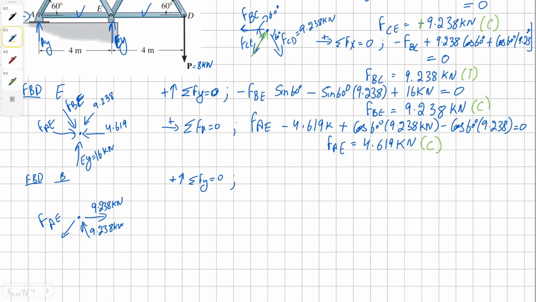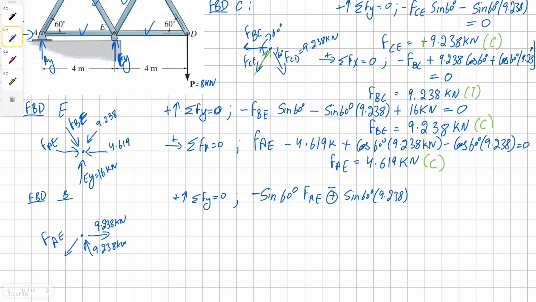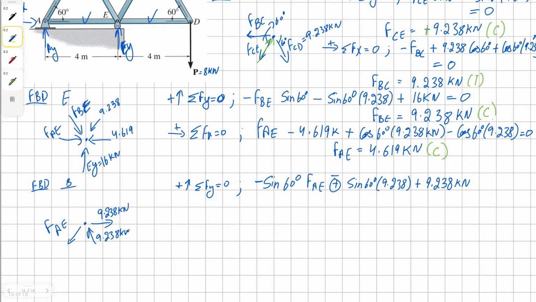It's going to be the vertical component of BE, which is simply sine 60 degrees times force BE, because we're assuming it to be downward. It's going to be negative, then positive sine 60 degrees times 9.238 kilonewtons. Pardon me, it'll be negative because member BE is in compression. And then positive 9.238 kilonewtons from member BC, all equals 0.